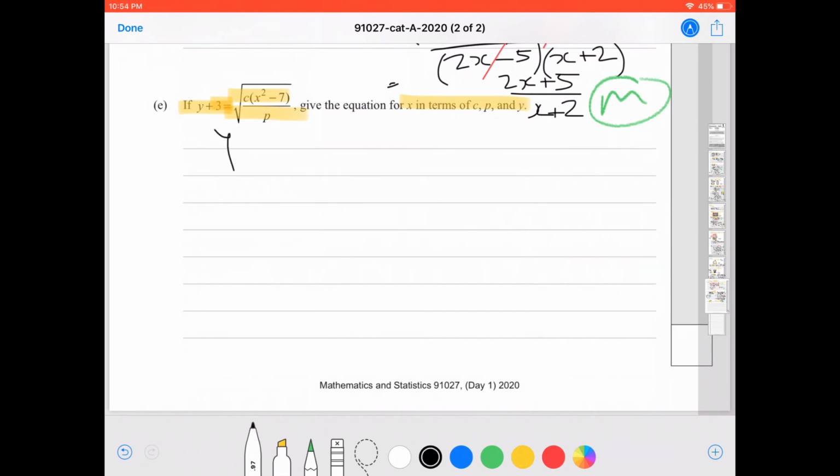So it's a rearranging question. y plus 3 equals the root of cx squared minus 7 over p. Okay, and they're asking us to give the equation once again for x here, so it's going to be x equals.